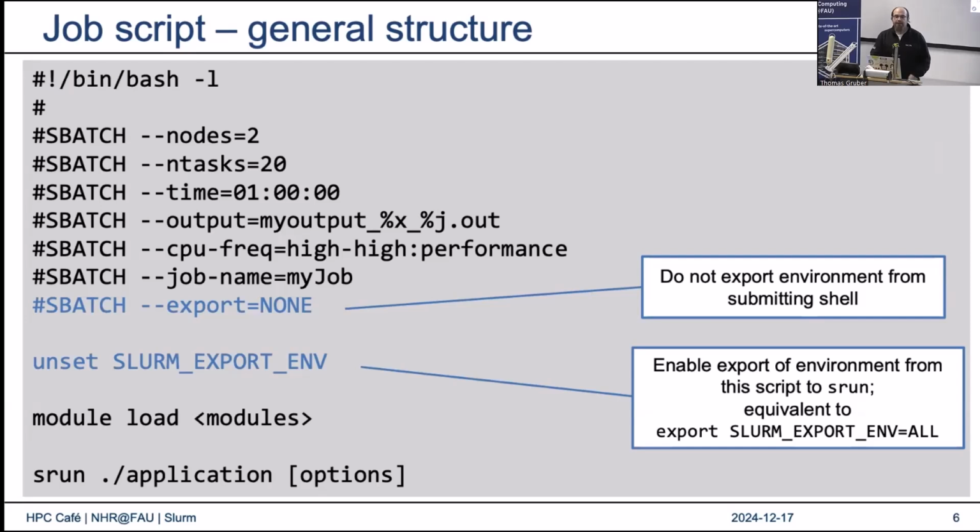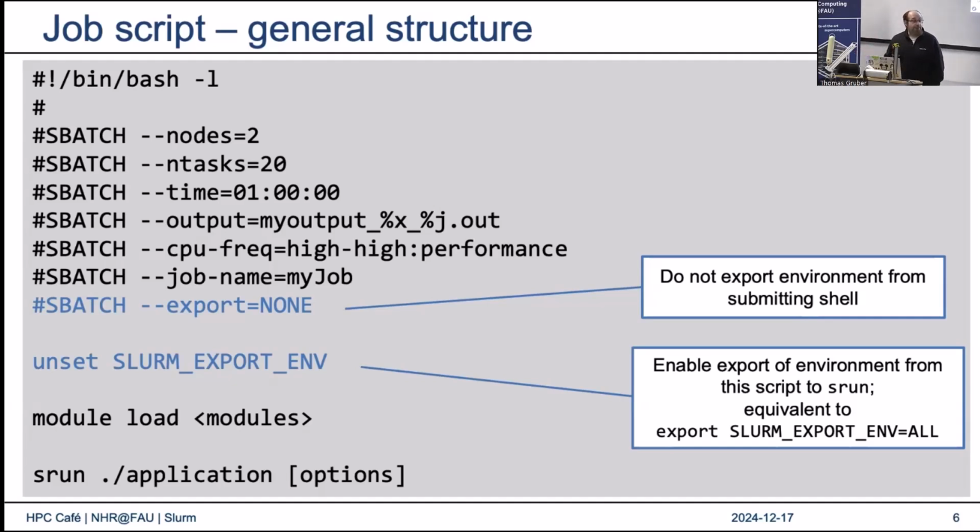Then, if you work on the front end and define some environment variables, load modules there and so on, and then you start a job, the whole environment from the front end will be taken into the job. So all your loaded modules and so on. If you have loaded the Intel compiler on the front end and then start a batch script which wants to load a different Intel compiler, you get a module load conflict because you try to load the same compiler twice at different versions. So this is getting problematic.